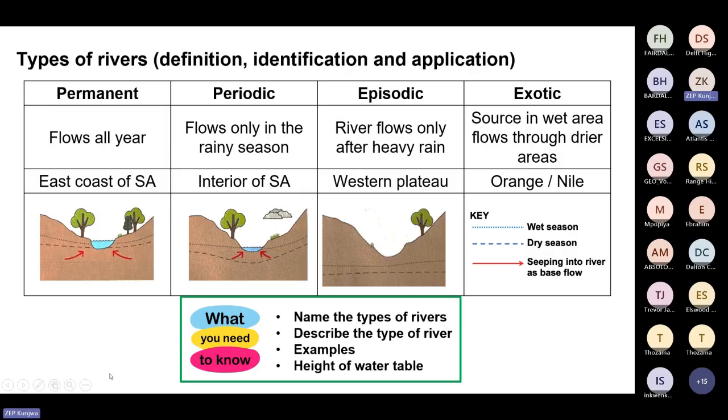Now, I'm going to highlight for you the difference between these streams. Firstly, let's go to the permanent river. Look at the water table there. Can you see where I'm putting the marks? That is your water table.